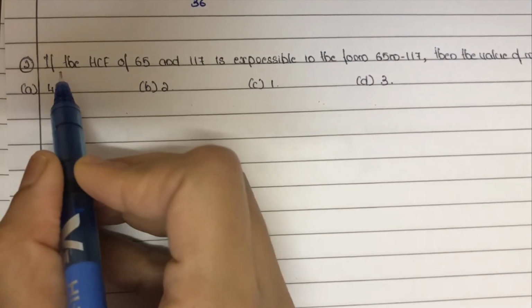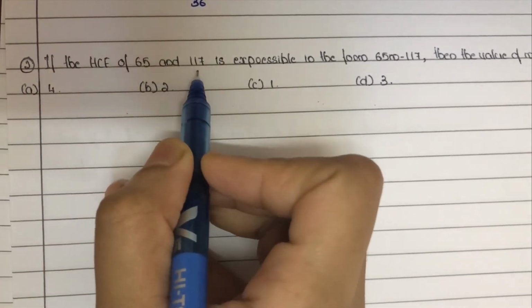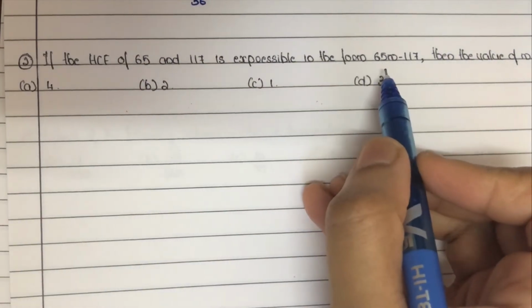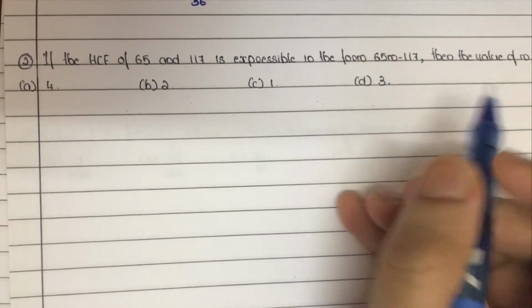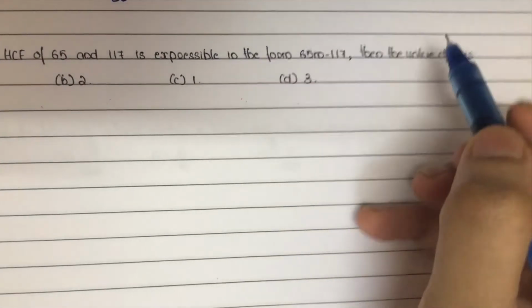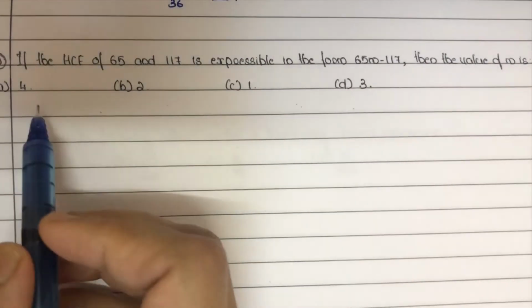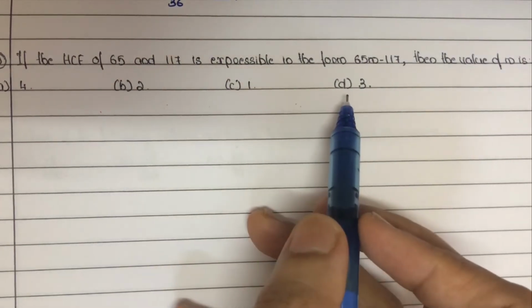Second question. If the HCF of 65 and 117 is expressible in the form 65m minus 117, then the value of m is: option A 4, option B 2, option C 1, option D 3.